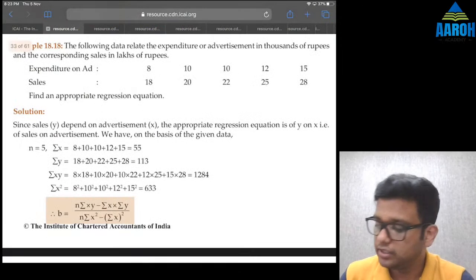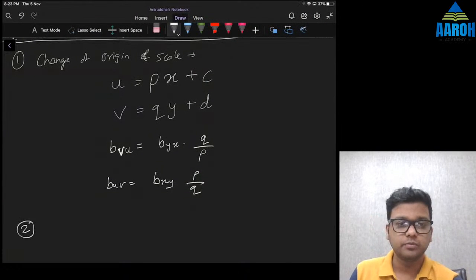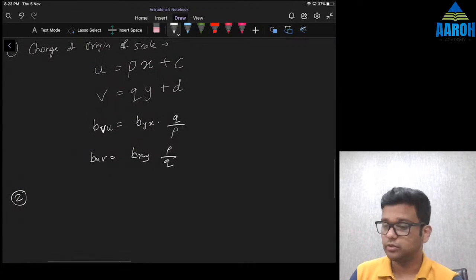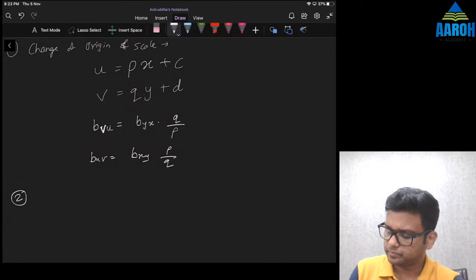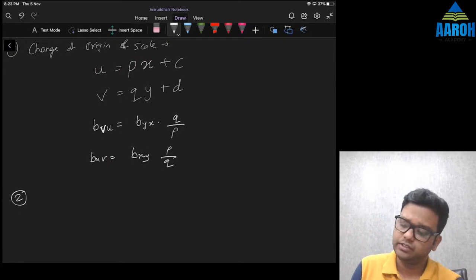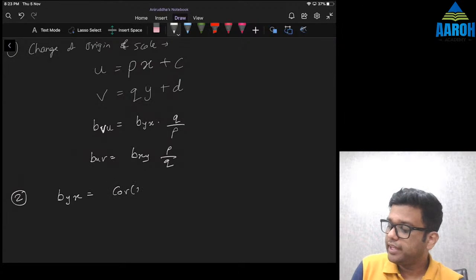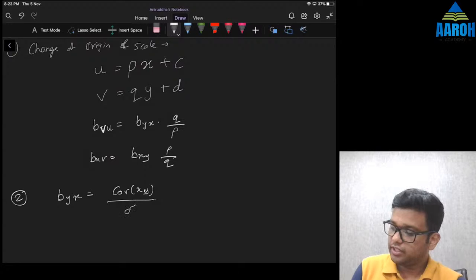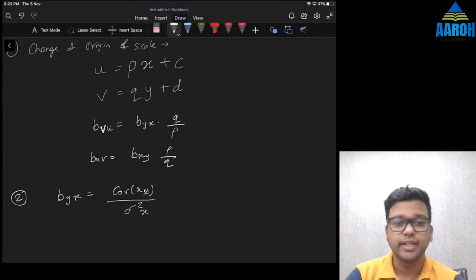So we were at properties. Let's see other properties. Second property is another formula for this. For byx, we can also write byx as covariance of xy upon sigma square x.